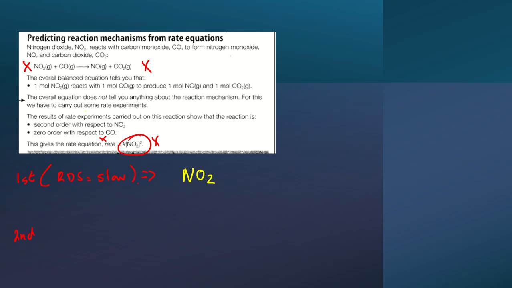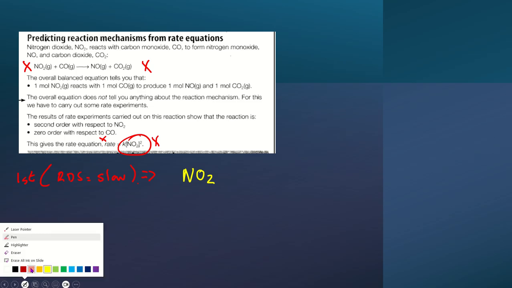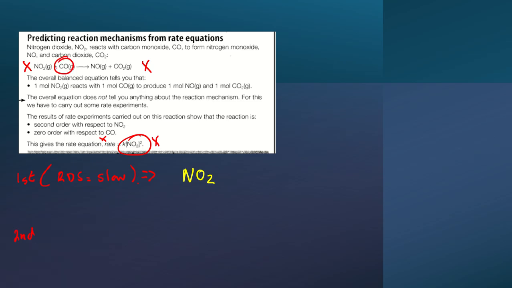So if we go up to the equation up above, we can see that we have NO2, but we also have carbon monoxide. So carbon monoxide may well be in the balanced symbol equation, but we can deduce that it is not in the slow step of this particular reaction or mechanism.